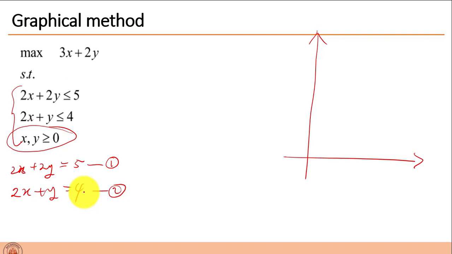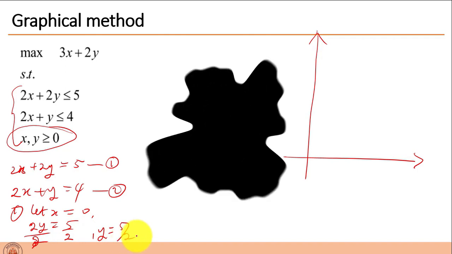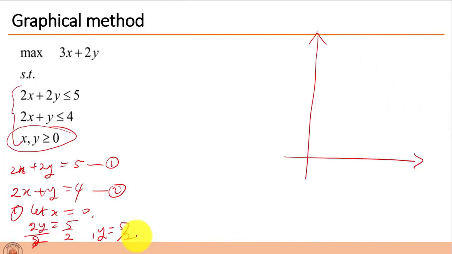Let's get the coordinates. For the first equation, let x equal 0. So if x is equal to 0, 2y is equal to 5. So just divide by 2, divide by 2, and our y is equal to 5 over 2. So the first coordinate is 0, 5 over 2.